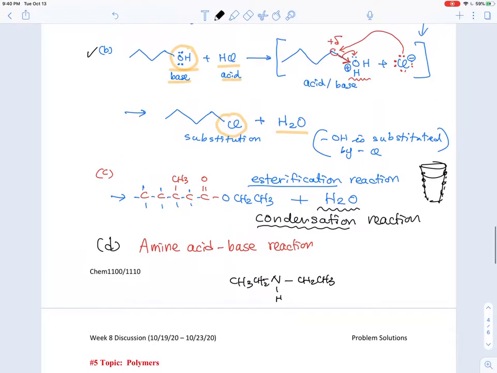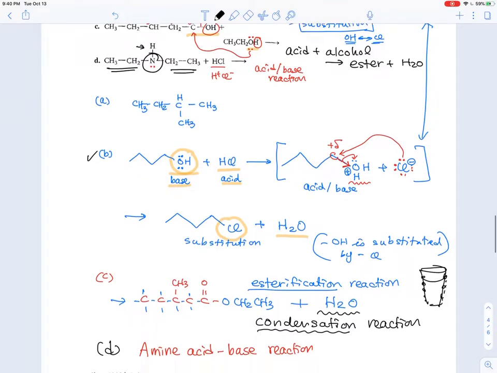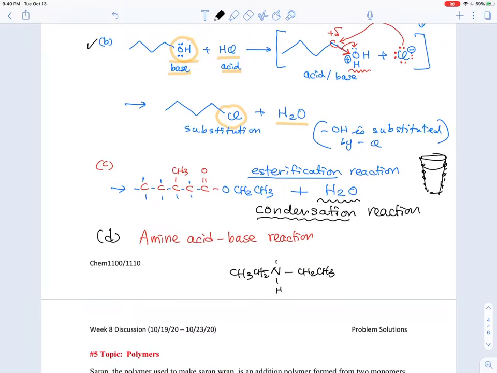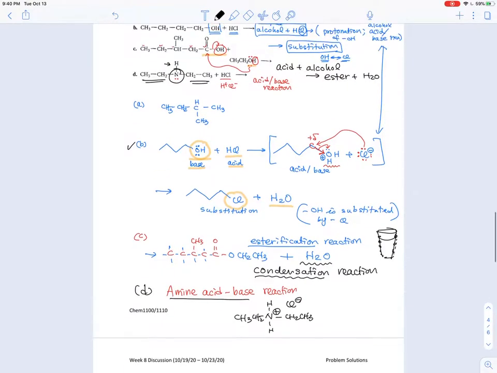So these are the carbons attached, and there's a hydrogen attached. Now this one is being attached by a proton, and because of that they develop the formal charges, and the chlorine minus is shown up here. So that's a result of an acid-base reaction when you're reacting an amine and an acid, right? So this is an amine plus acid, and you have an acid-base reaction.